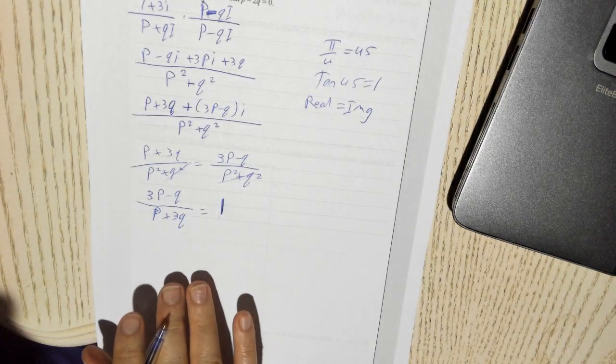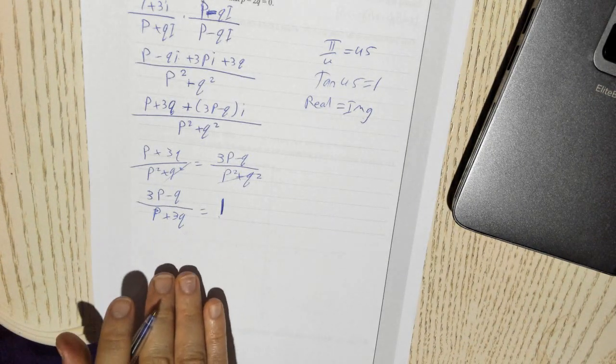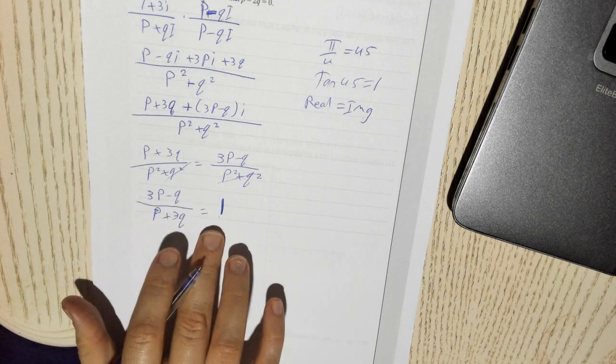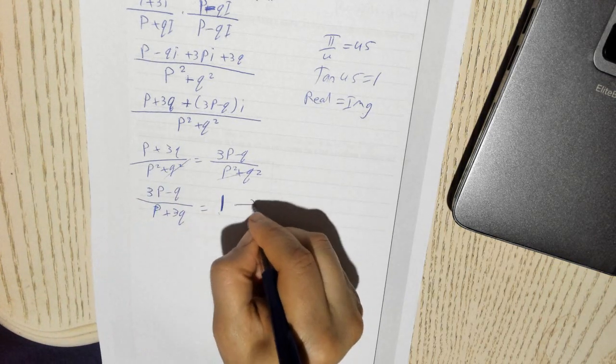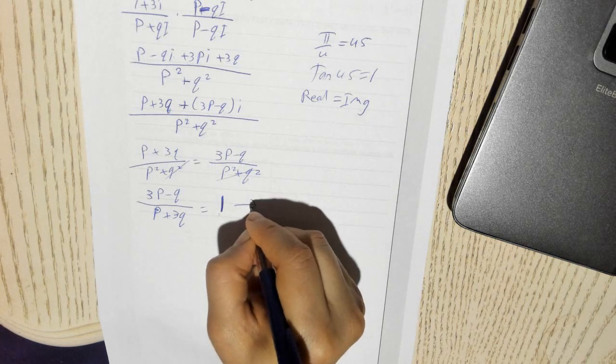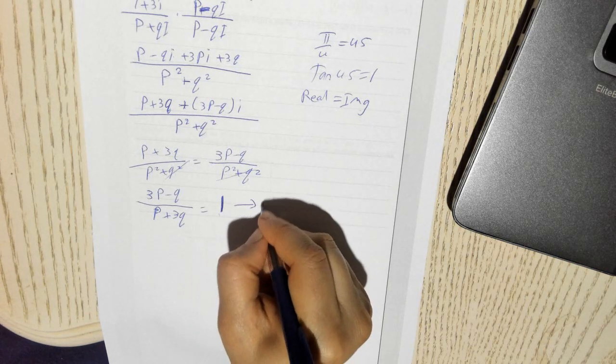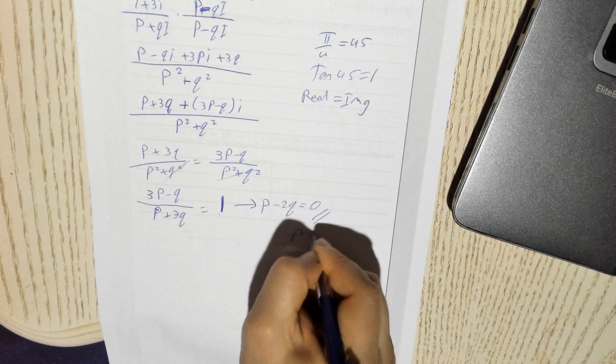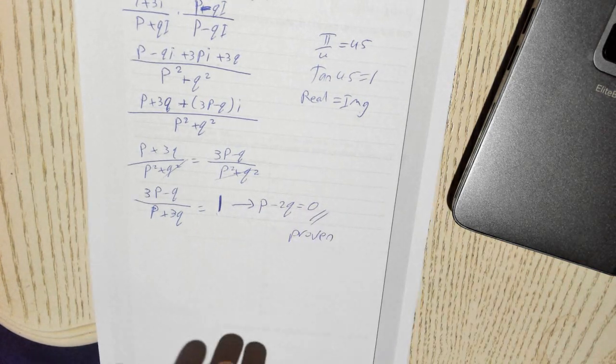Remember the value of tan, or how we define tan? It's the imaginary part over the real part, like sine over cosine. So that's why we've done the imaginary over the real, which equals 1. And if you solve this equation here, you will end up with p minus 2q equals 0, and that's proven. That's the requirement in here.